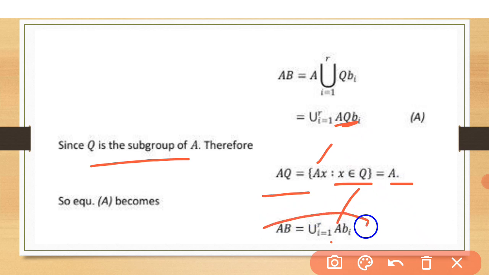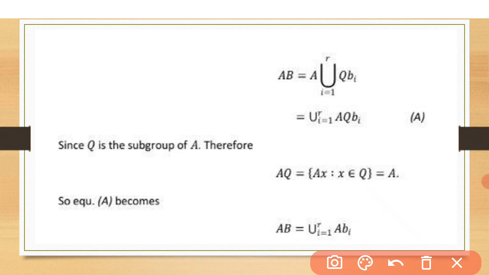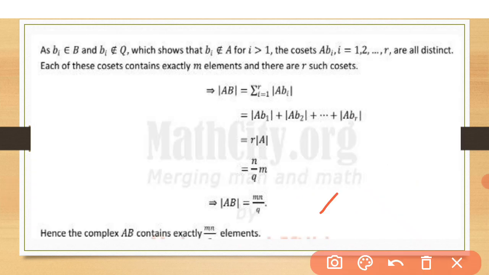So here we have this equation: AB is equal to the union of A Bi over all right cosets of Q in B. So how many right cosets are there? As Bi belongs to B and Bi does not belong to Q, it shows that Bi also does not belong to A, because Q is the intersection of A and B, for i greater than 1.